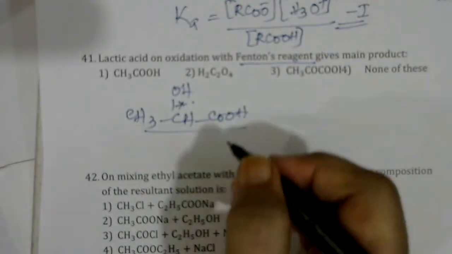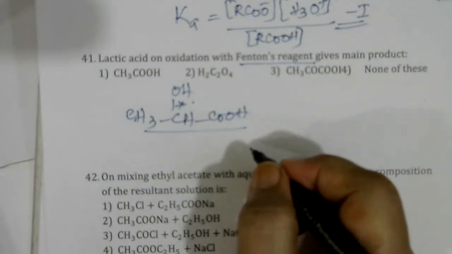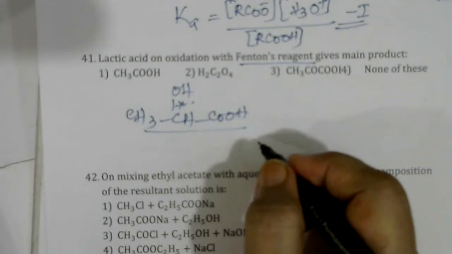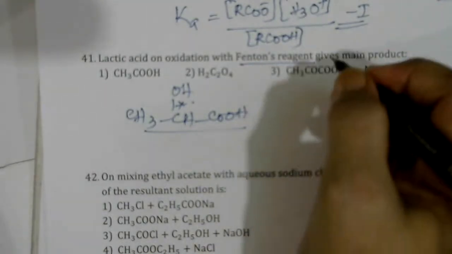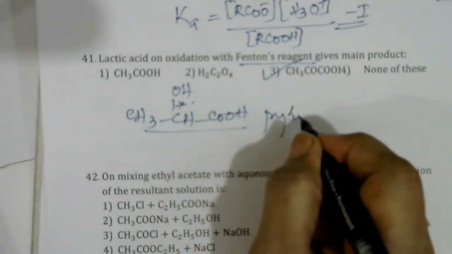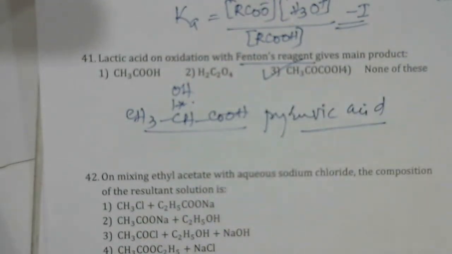When this lactic acid is treated with Fenton's reagent, and as well as with Tollens reagent, it produces pyruvic acid. Therefore, which is the option? Third option.